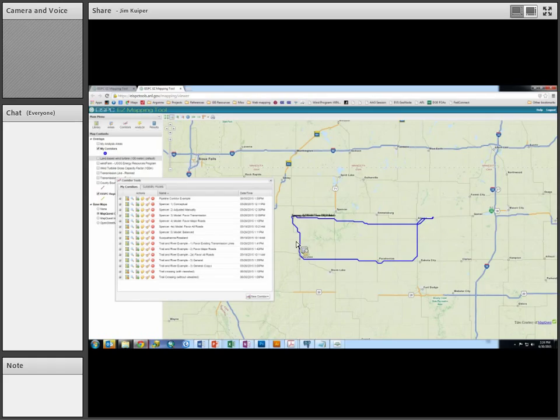It does follow existing infrastructure pretty much where it can, but it wasn't a very direct route. So in the next case, we adjusted the model to allow it to follow smaller roads, and it found a route that was a little bit more realistic.